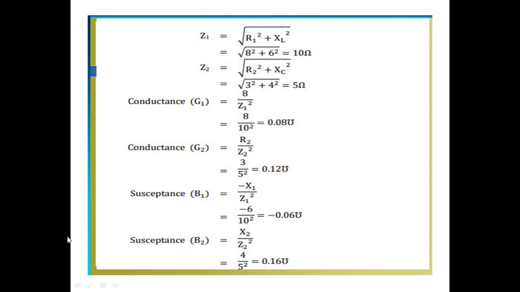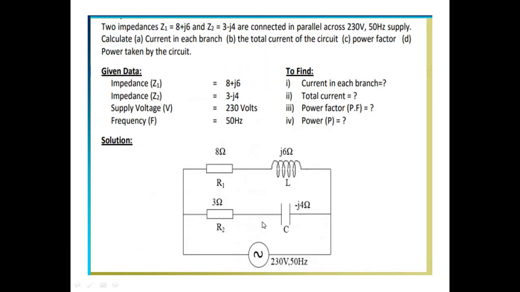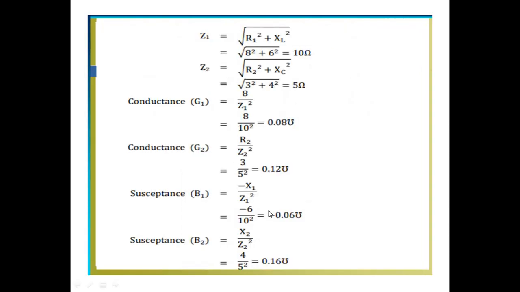Here minus X1 means susceptance B1 is the leading current. B1 is equal to minus 6 divided by 10 squared, that is equal to 0.06 mho. And then susceptance B2 is equal to 4 divided by 5 squared is equal to 0.16 mho.